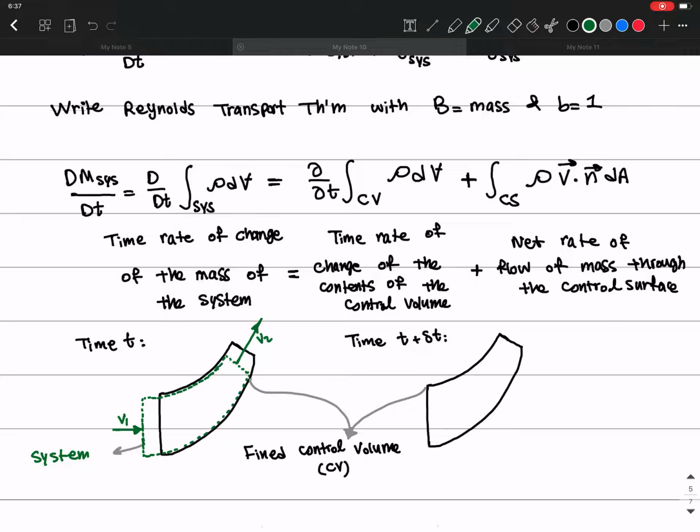And then at time t plus delta t, it goes further to the right, so it becomes something like this. Again, this is the system, our system.